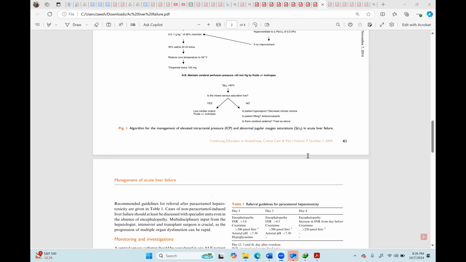Then the choice: if you have hypoalbuminemia, it's better to give colloids, because it will correct that. And then electrolytes according to the situation. If sodium is low, you will prefer, of course, 0.9% normal saline. Otherwise, you can give ringer lactate.